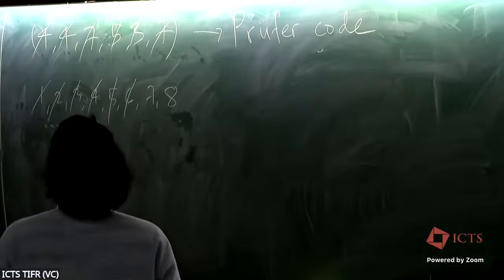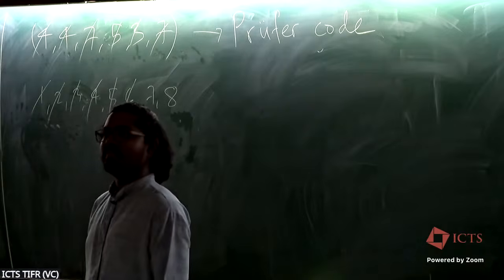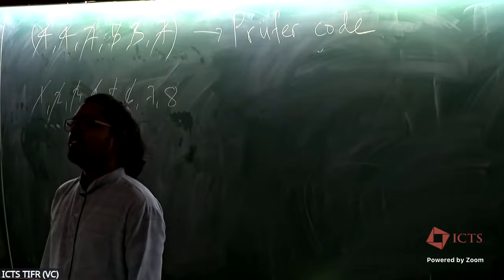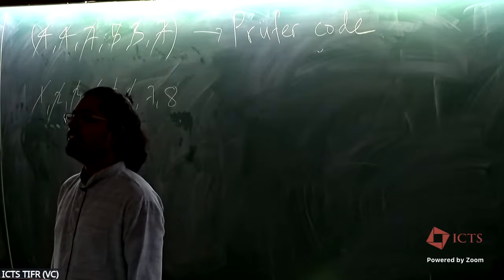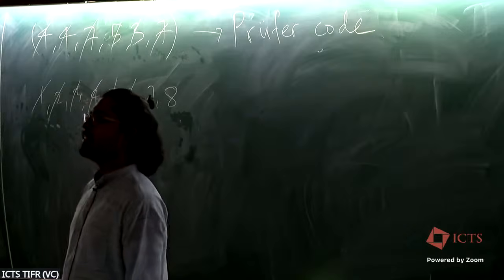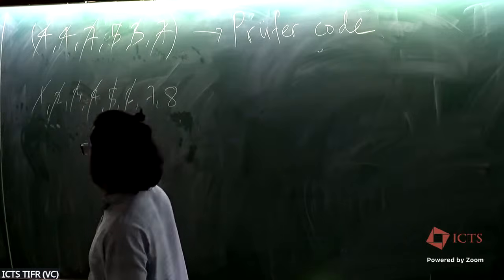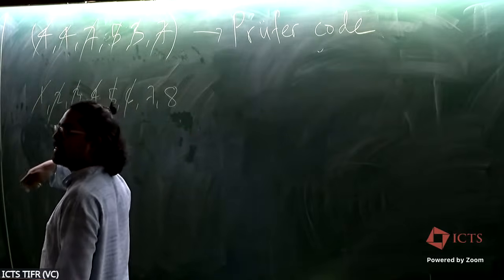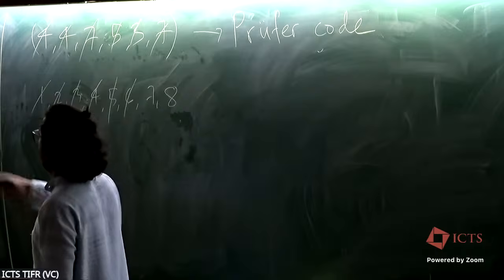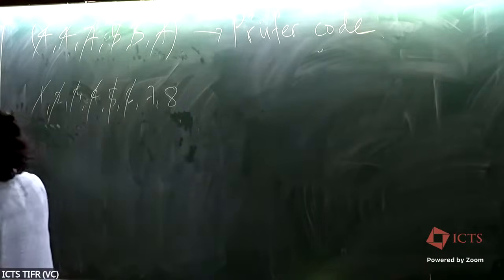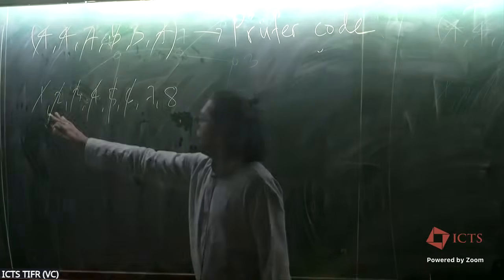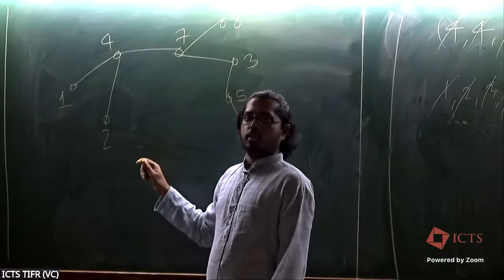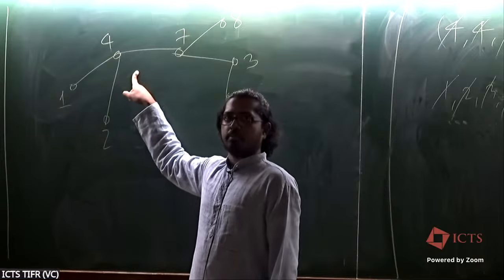When I'm obtaining the proof for code, I will look at the smallest label among the leaves, and I will record its neighbor.